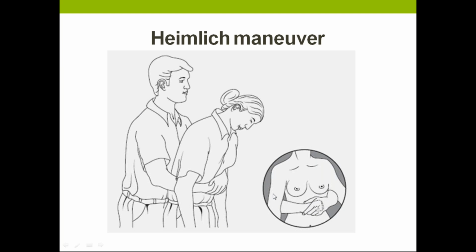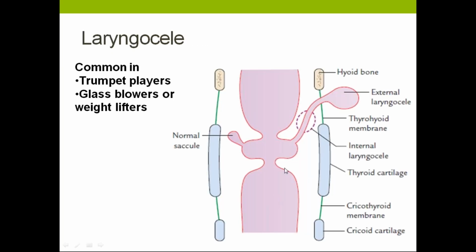The next important applied aspect is the laryngocele. You know, the saccule of the larynx is an extension from the sinus of the larynx, which is filled with numerous mucus glands.